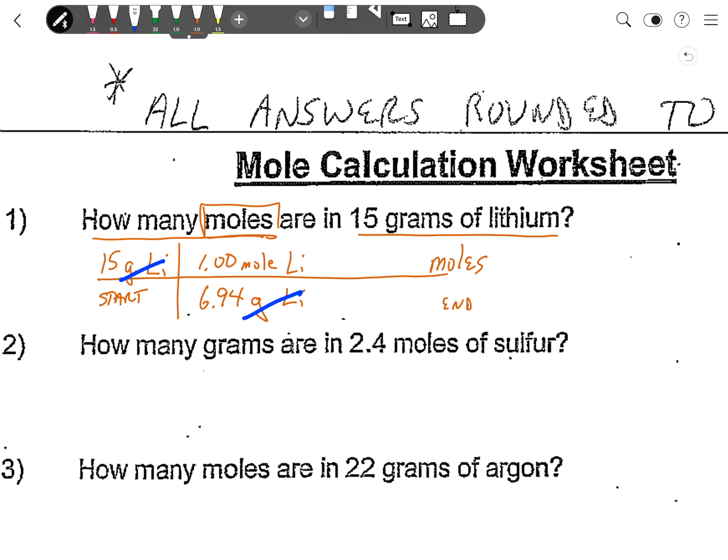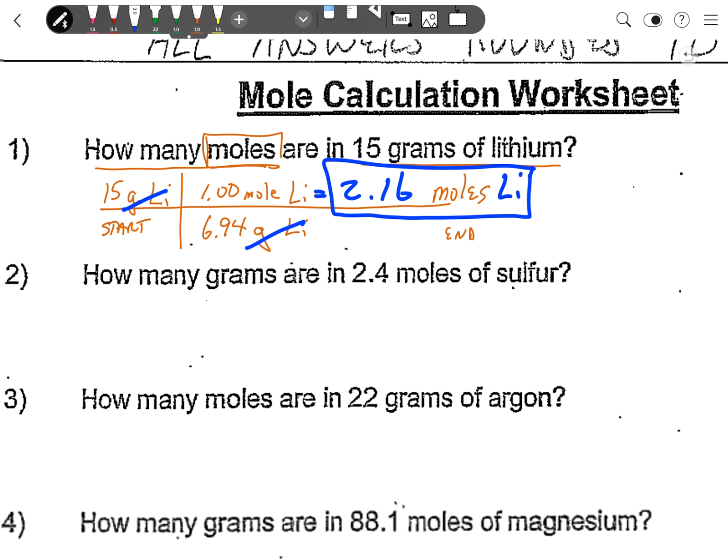This is a division problem, as the 15 and the 6.94 are diagonal from each other. So it's 15 divided by 6.94, which turns out to be 2.16 moles of lithium, so make sure you box your answer. It's that simple.